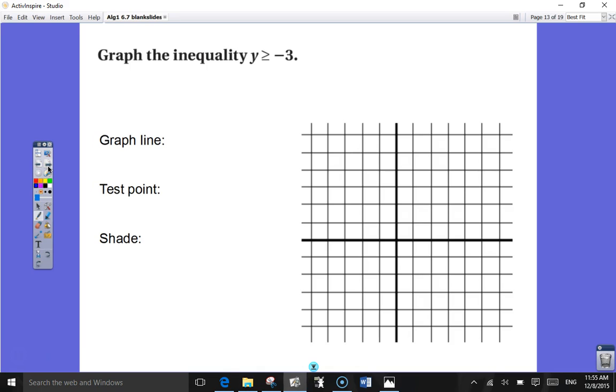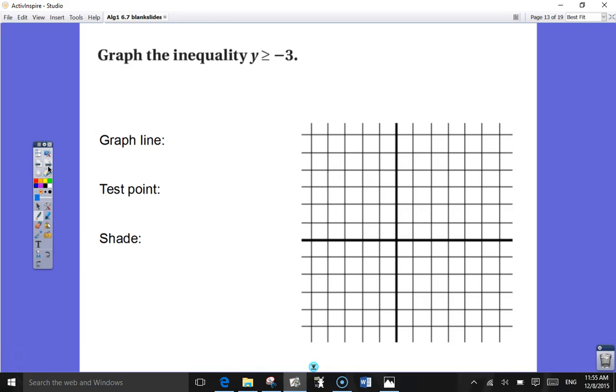What line are we going to graph? y equals -3. What kind of line? It's a horizontal line. So even though it says 2 variables, it's actually only 1 variable there, but you're graphing in the coordinate plane.